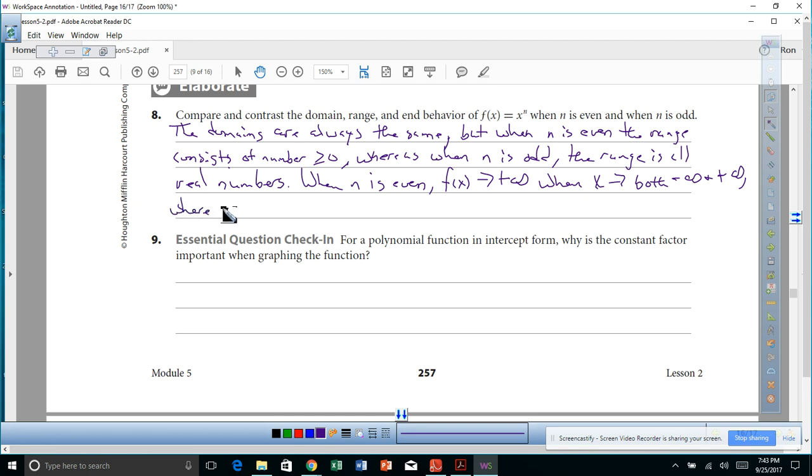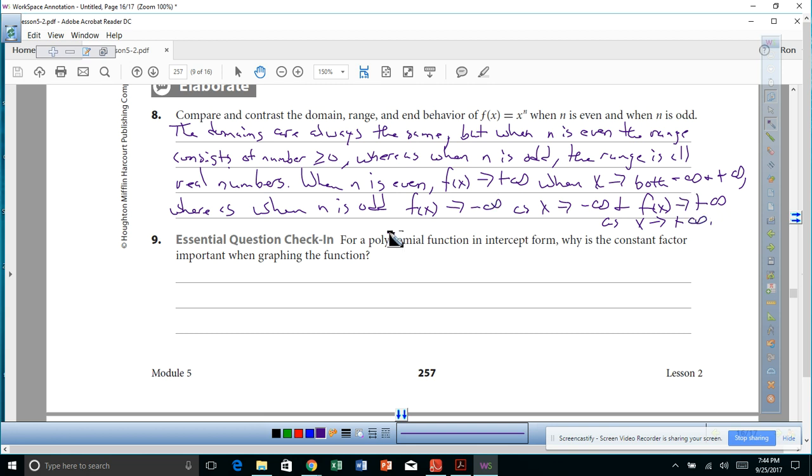Whereas when n is odd, f of x approaches negative infinity as x approaches negative infinity, and f of x approaches positive infinity as x approaches positive infinity.